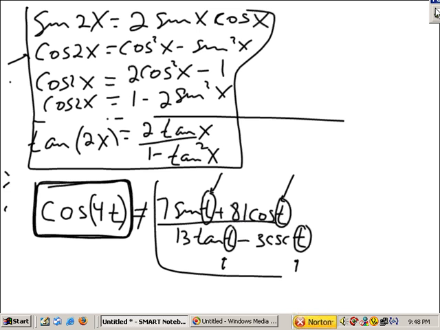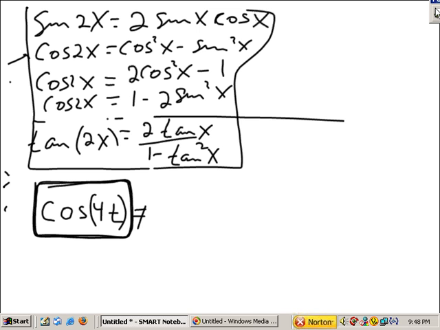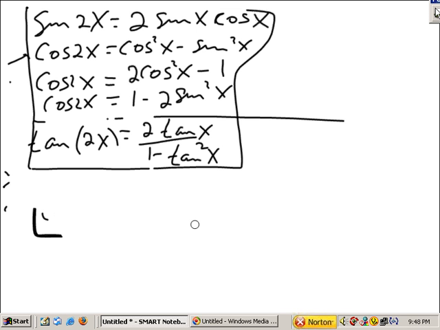So the formulas we use are called reduction formulas because they take the angle from 4t and reduce it to t. Okay, so let us figure out what the reduction formulas are.